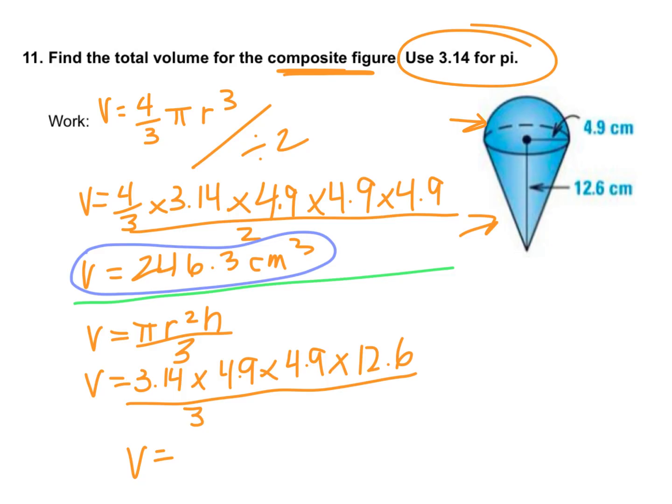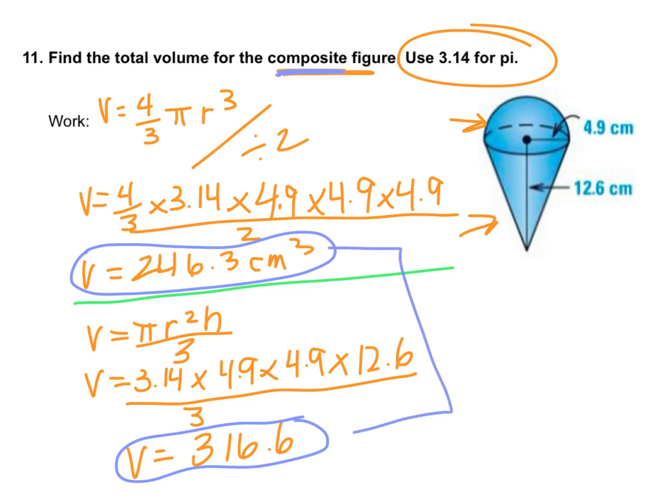Okay, so when I calculate all of that, I get 316.6. And because this is a composite figure and they're stacked on top of each other, I'm going to add those together for a total of 562.9 centimeters cubed.